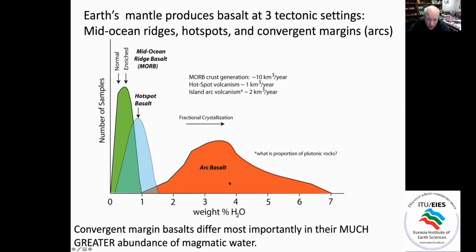But these arc basalts have up to 7 weight% water dissolved in the magmas trapped in these olivines. That's a huge amount of water, and it's one of the reasons arc magmas behave so much differently than these other kinds of basalts. They come from a very hydrous source, and it's completely expected given how these are generated.